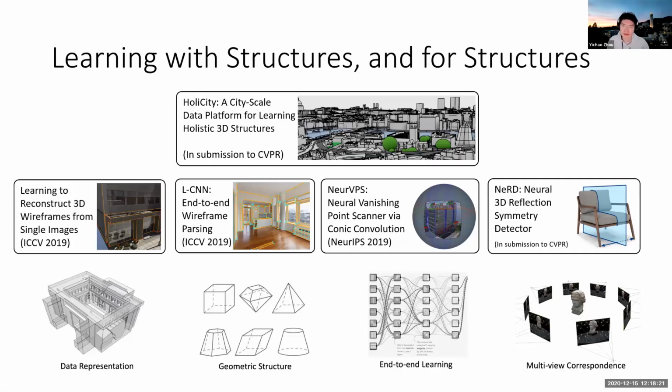For things like lines, vanishing points, and symmetry, I do believe there's some clever way you can put them into an unsupervised framework, given that you have a stereo pair or more views as input. I do believe that. But if you are talking about single view, then I think it will be very hard to do.